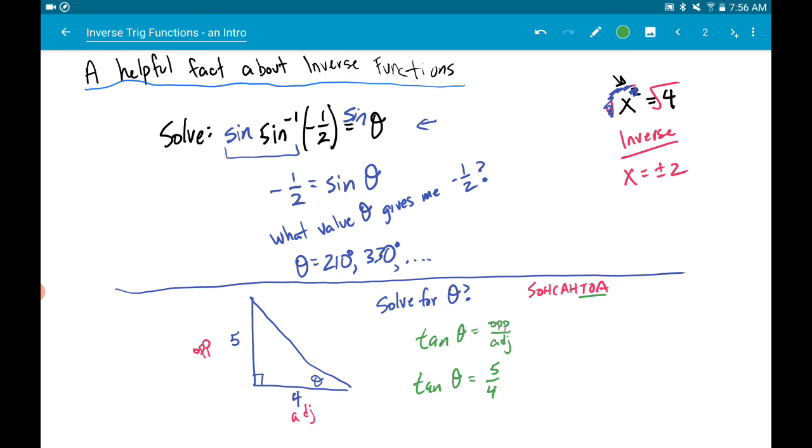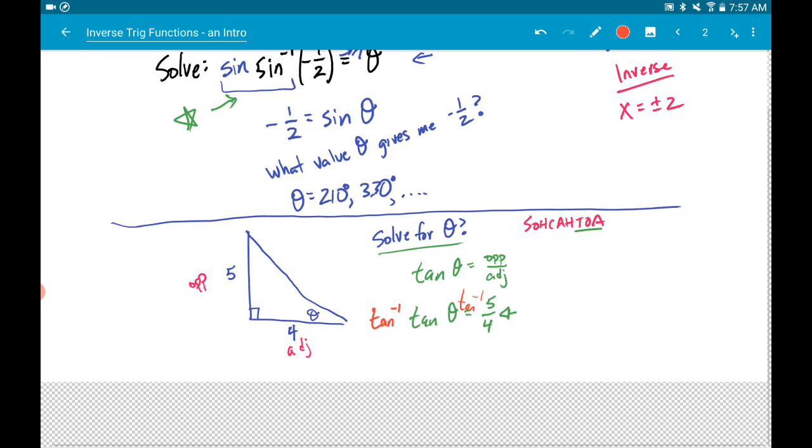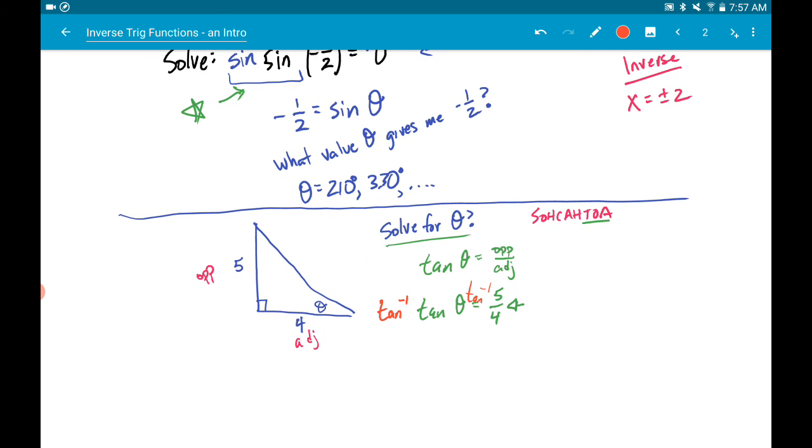And so now if I actually wanted to solve for theta, this is where the inverse comes in. This is not a value on the unit circle, and that's where I'd have to use technology. And so using this idea up here, everybody, watch the magic. If I tangent inverse both sides, the tangent inverse of the tangent cancels out, just like a square and a square root, just like a plus and a minus.